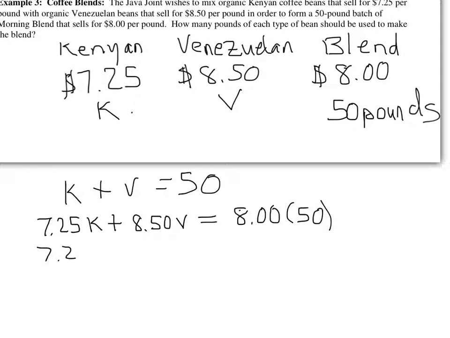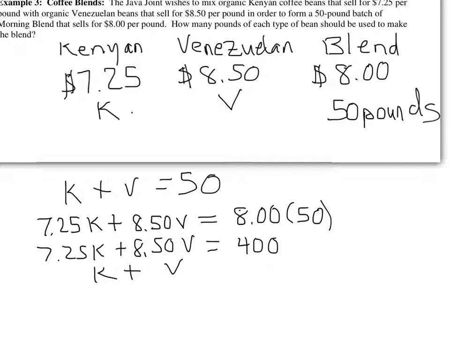So 7.25 K plus 8.50 V equals 8 times 50, $400. So that gives us our two equations. 7.25 K plus 8.50 V equals 400, and K plus V equals 50.